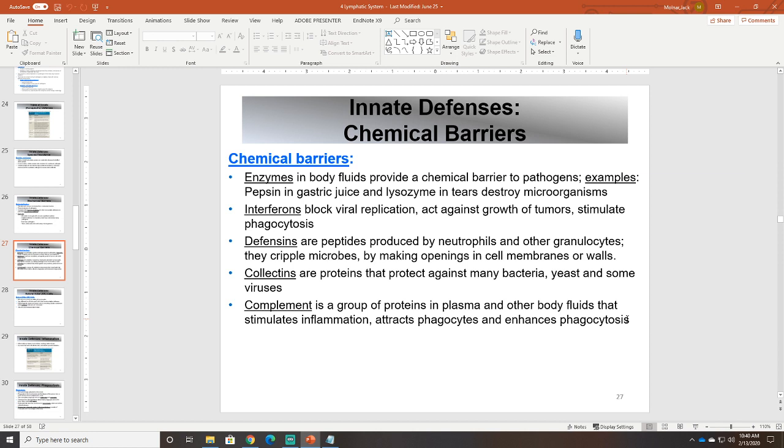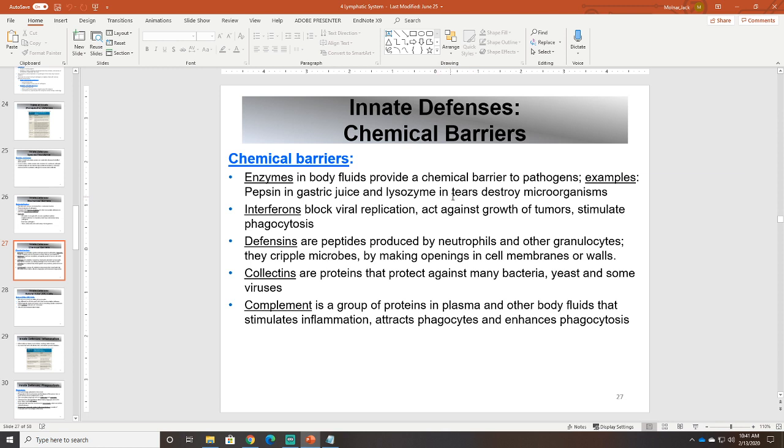Bacteria have evolved to live well in our mouths, but anyway, there are also chemical barriers. So we have enzymes, which are in the body fluids, and they provide a chemical barrier by attacking the pathogen. So we have pepsin in the gastric juice, which dissolves proteins, and so it'll dissolve proteins in the wall of, say, a bacterium that entered the digestive tract.